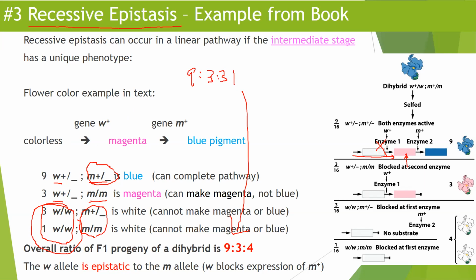These two classes will be grouped because they show the same phenotype, the white flower. Then we can group these two. This becomes 4. So if you see this ratio, immediately you need to know, okay, this is a classical recessive epistasis example.